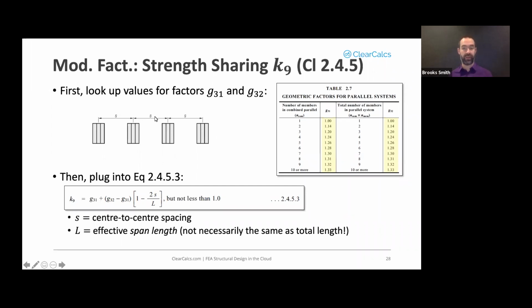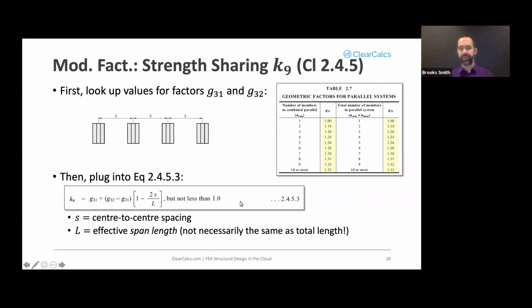For this example, I would have a G31 value of 1.20, and N sub COM times N sub MEM is equal to 12, so G32 is equal to 1.33. So 1.33 and 1.20, I'd plug those into the equation shown here and get my K9 value.